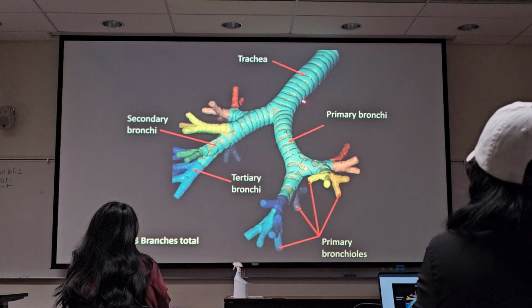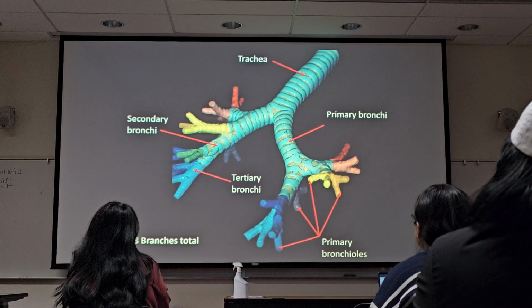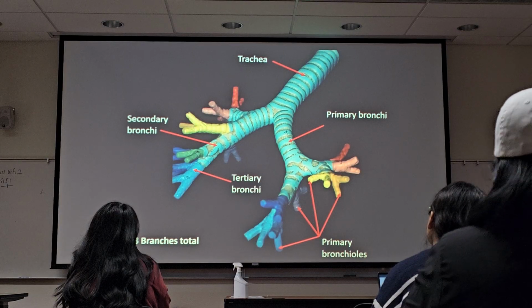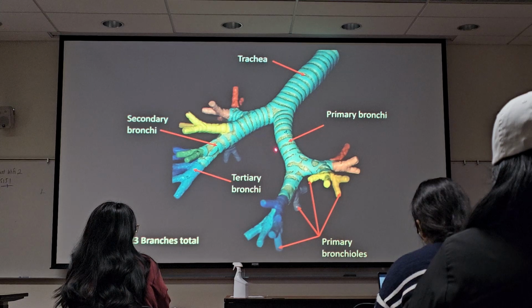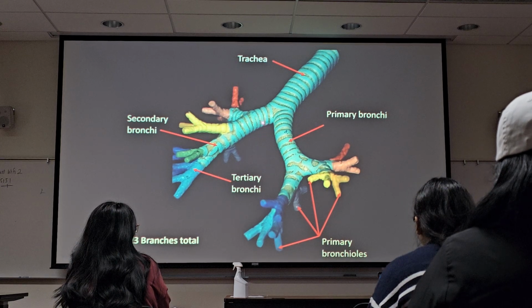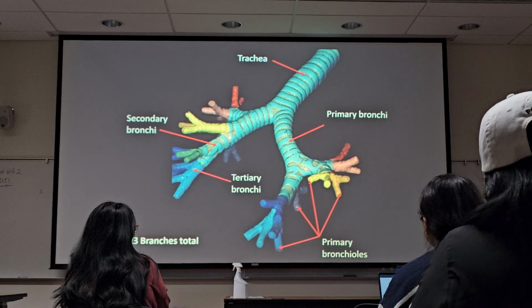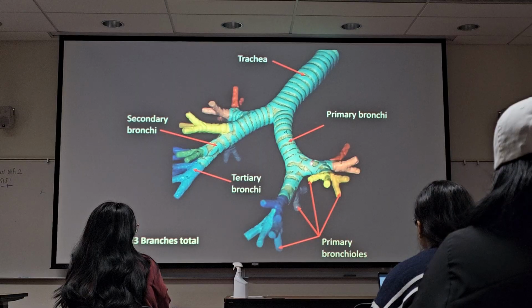So there's the trachea. We divide into the right and left primary bronchi, and we head into the hilum of the lungs, the region of the lungs where the bronchi puncture and enter in. Okay? And then those divide into our secondary or lobar bronchi. So we get 3 on the right, 2 on the left.